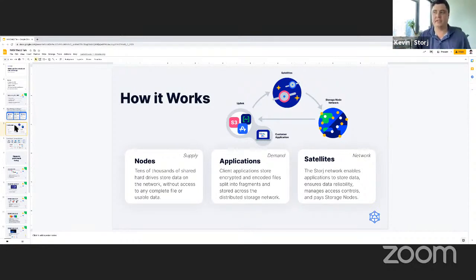There tends to be about 1,300 points of presence for CDN. On Storj or on decentralized cloud, we actually have another order of magnitude higher distribution. So today we have, I think, 12,000 nodes spread across the globe and growing, which is another factor of 10 increase over traditional CDNs.